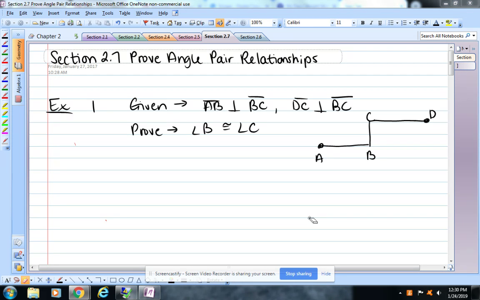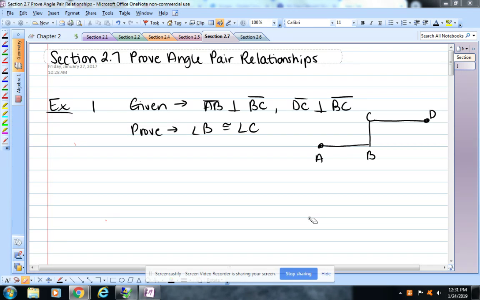It says if two angles are supplementary to the same angle, or to congruent angles, then they are congruent. And then we have the congruent complements theorem, which is the same thing for complementary angles. If two angles are complementary to the same angle, then they are congruent.